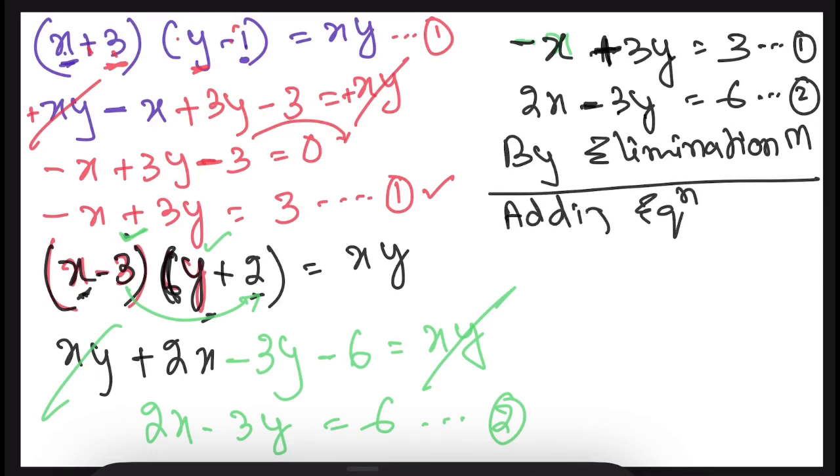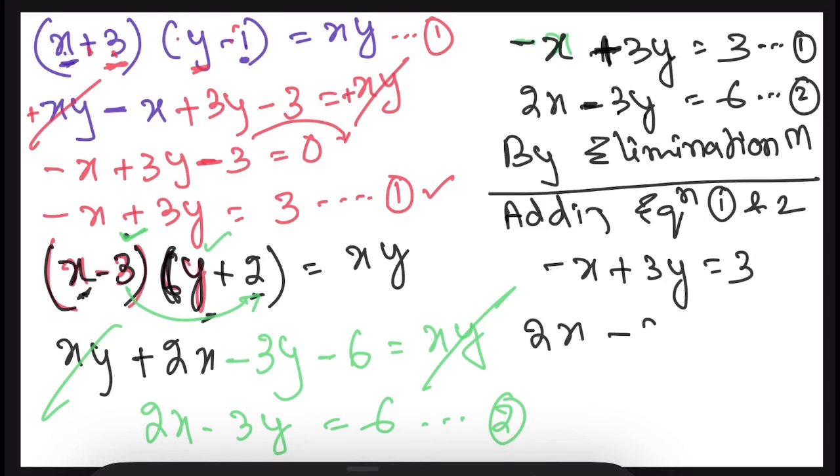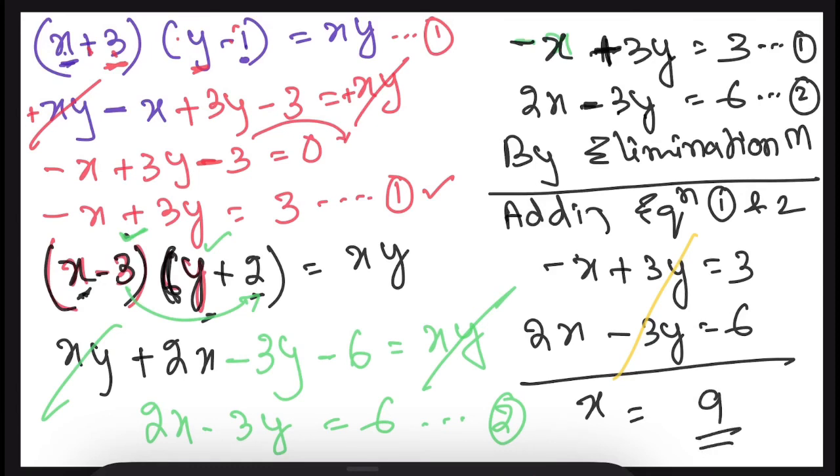Okay. Now adding equation 1 and 2. So minus x plus 3y equals to 3, 2x minus 3y equals to 6. So adding, I told you, so this will get cancelled. Now this one will remain what? X, 2x minus x is x, that equals to 9. X has become 9.